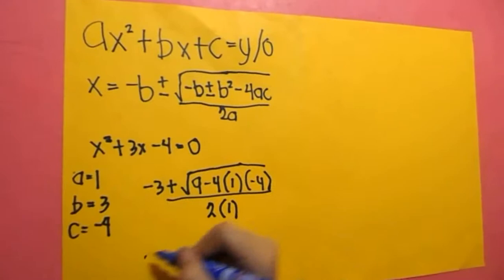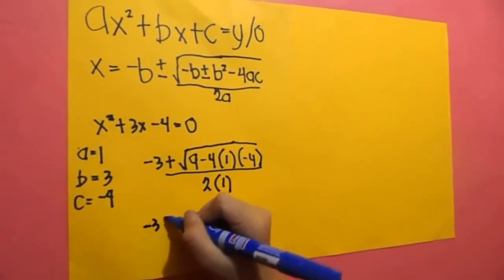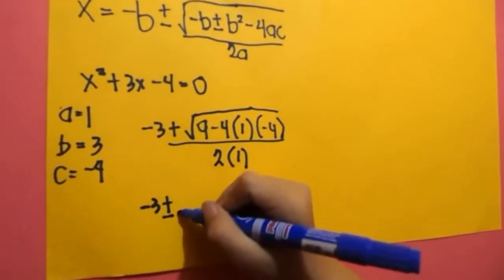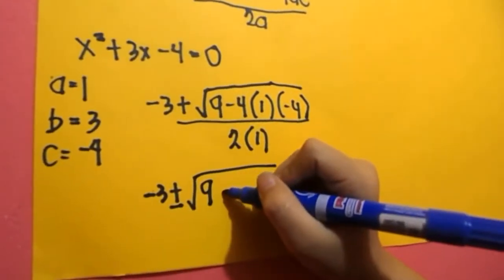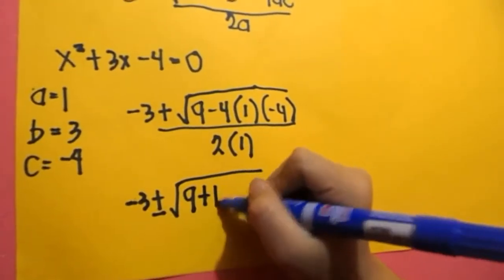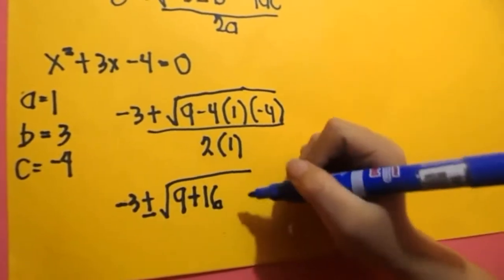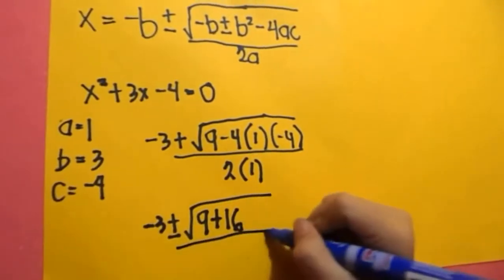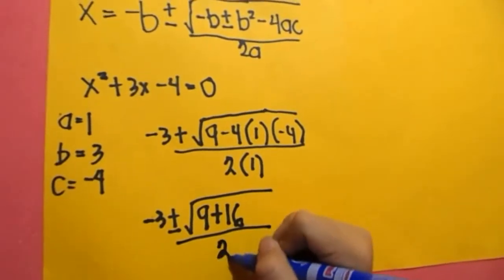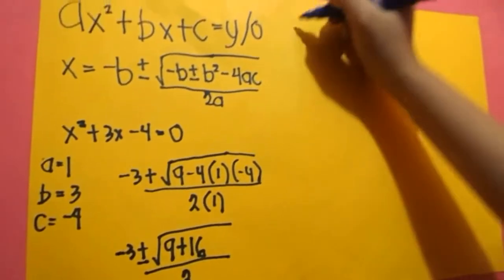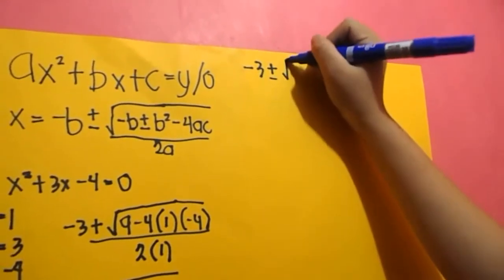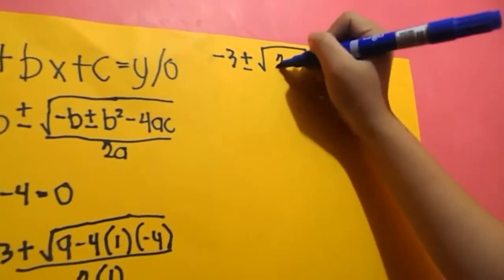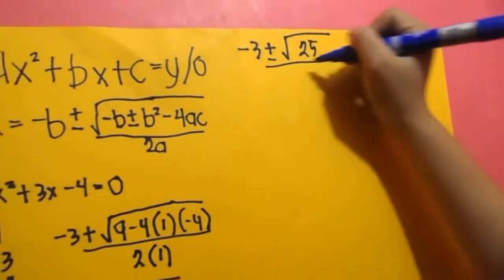And then negative 3, positive or negative, the square root of 9 plus 16 over 2. Then bring down the negative 3, positive or negative, square root of 25 over 2.